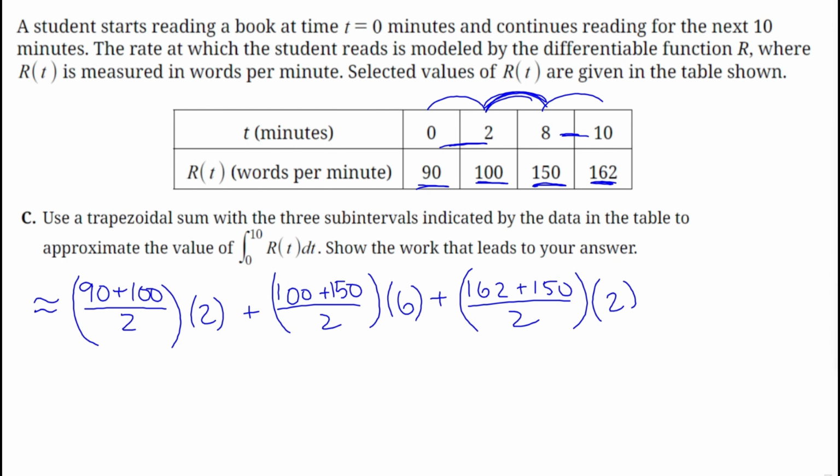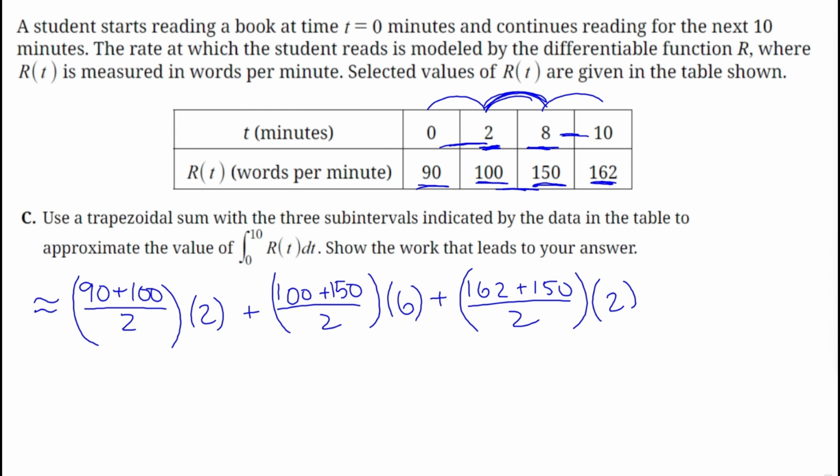Okay. And if you look in the scoring guidelines, they say things like r of 2 plus r of 0 divided by 2 times 2 minus 0. And then they say r of 8 plus r of 2 divided by 2 times, sorry, not 150 minus 100, times 8 minus 2. And you don't really need to show all of that out.